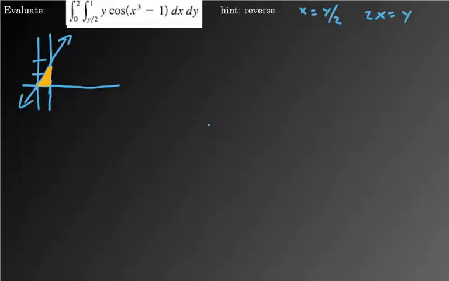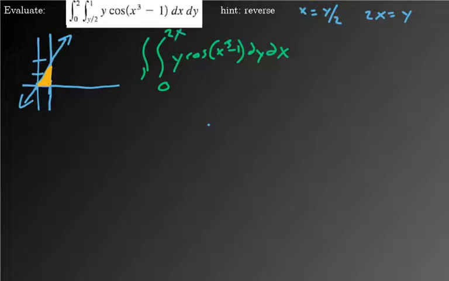And so if we switch this and do y cosine of x cubed minus 1, dy dx, y is going to run on the bottom from 0 up to this line right here, which is 2x. And then x would just run from 0 to 1. That's going to be a much easier problem and give us the same answer. When we do the y integral, we'll just get y squared over 2.